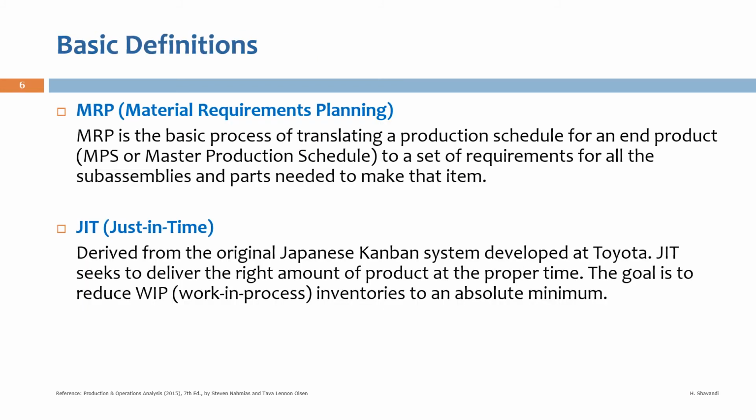Let's start the definition of MRP, material requirements planning, and JIT or just in time. So MRP is a process that we translate the aggregate plan of end items, I mean finished products, into the material and sub-assembly parts. So in chapter 3, after chapter 2 that we make the forecasts of future demand, we'll learn how we can prepare aggregate plan for end items for finished product.